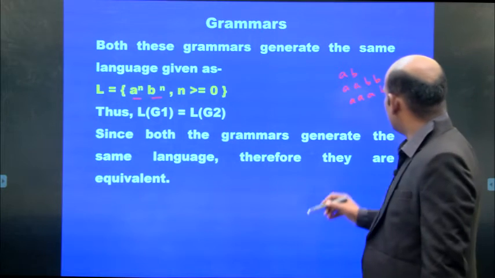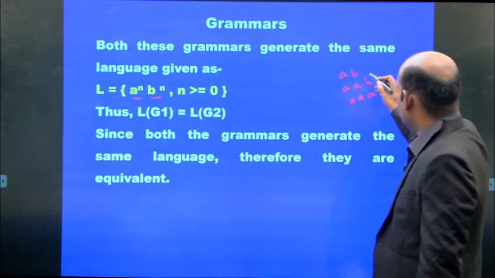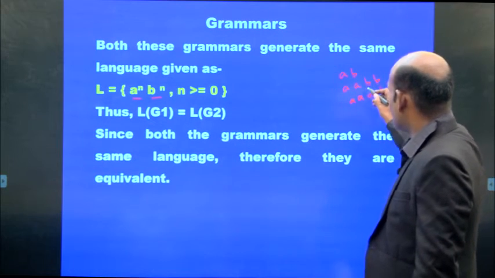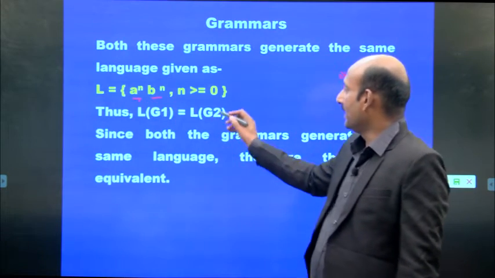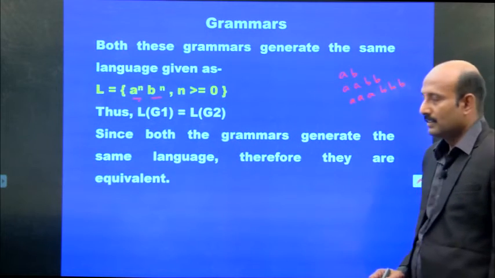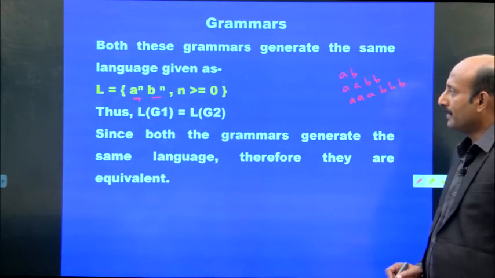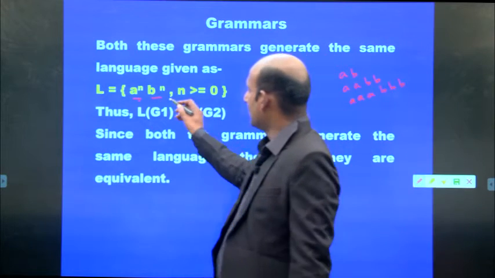So in this case, what will be coming here? We may get A power n, B power n, where n is greater than or equal to 0. So this is that language.